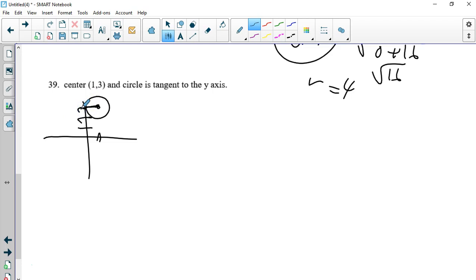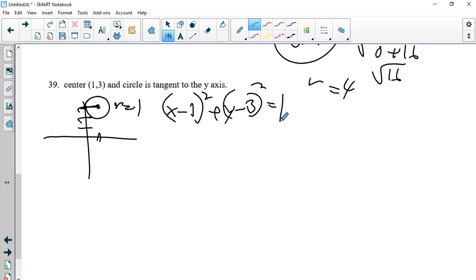Okay? Which means right now the radius is 1. So therefore, we just go to x minus 1 squared plus y minus 3 squared equals 1 squared, which is 1.